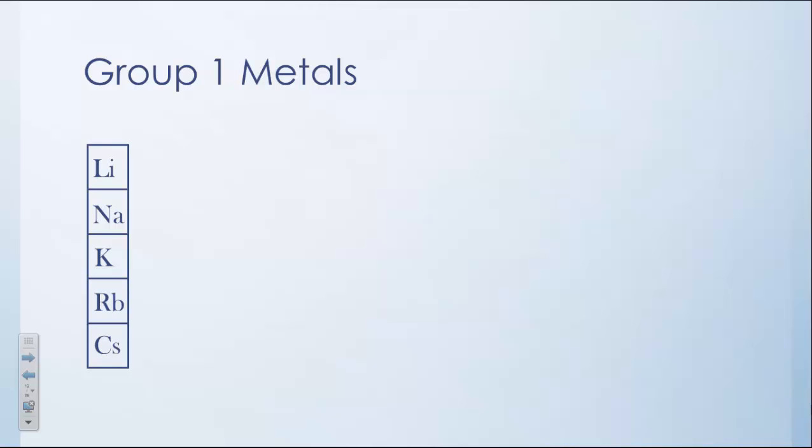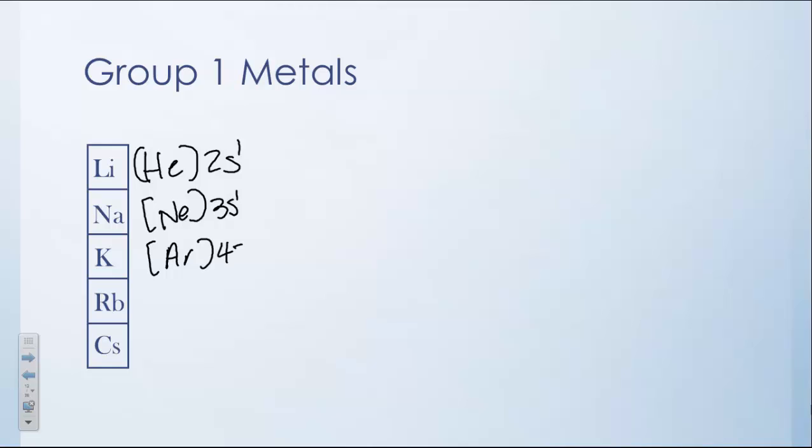So lithium has an electron configuration of helium 2s1. Sodium, we've already said, has an electron configuration of neon 3s1. Potassium is argon plus a 4s1.